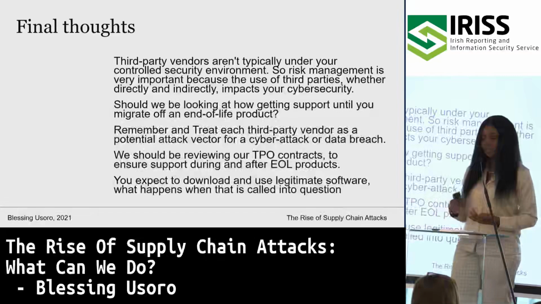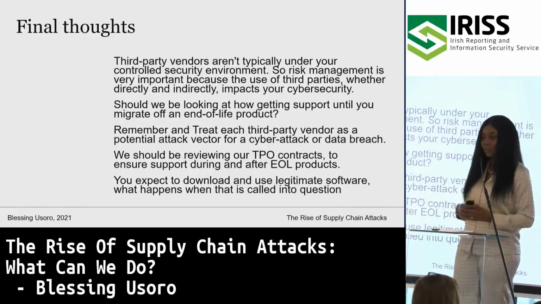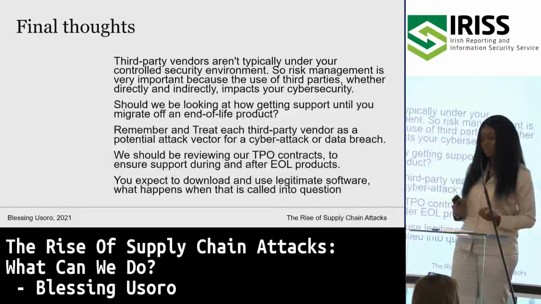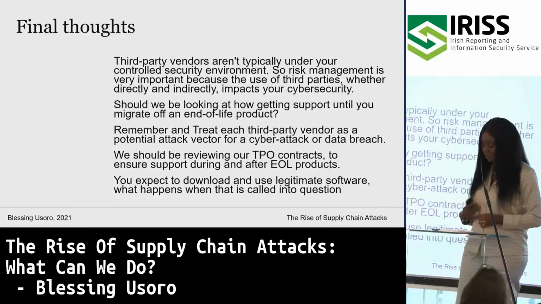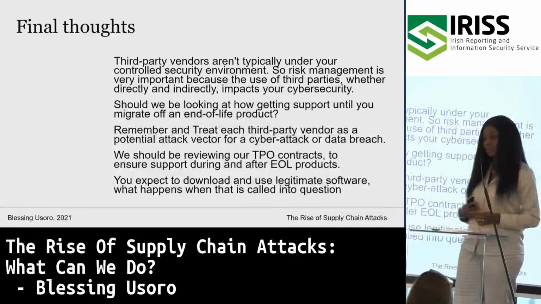In your third-party risk management, do you have plans for when your vendor is compromised? Do you have any business continuity plan for what you do when this happens? We need to shift from a model of trust to a model of trust and verify.